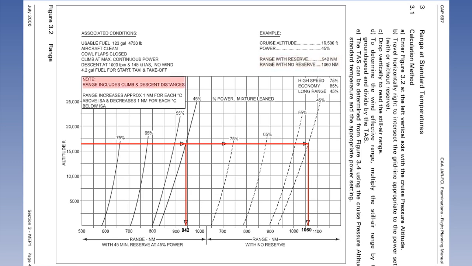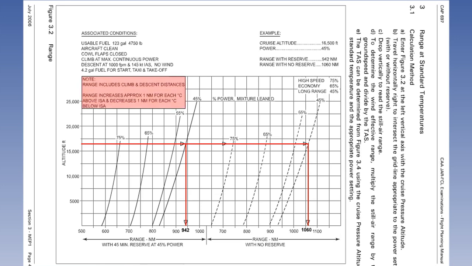The range found is the range in nautical miles in standard temperatures. It includes the climb and descent distances. For non-standard temperatures, the range is adjusted as shown in the box in the top left corner.